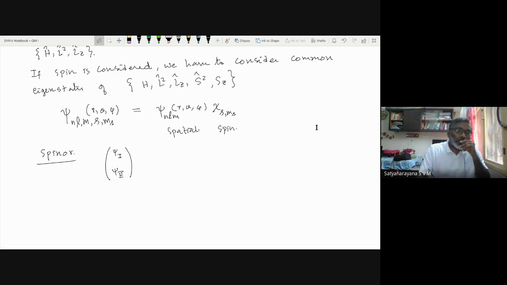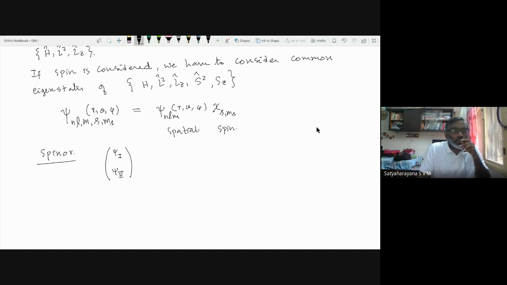For example, if you have a kinetic energy, it does not have a spin term, so it will be p squared by 2m, 0, 0, p squared by 2m. Like that, we have to modify the equation. So instead of one Schrodinger equation, you will get a 2 by 2 matrix Schrodinger equation. And then you solve that to get spin incorporated into non-relativistic quantum mechanics.